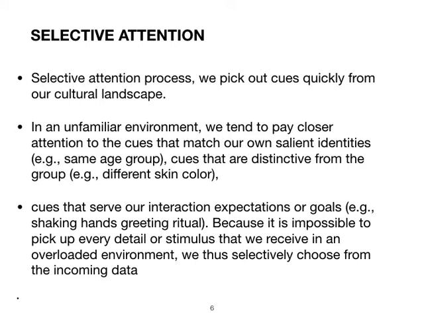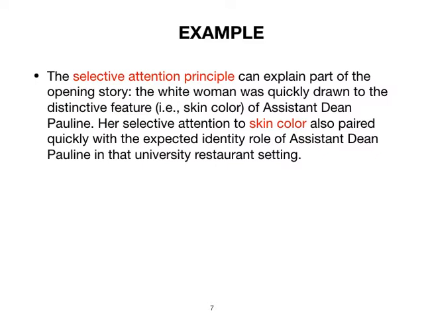But when someone is an outgroup, for example, if someone's skin color is different from yours, if you're black and you'll be looking for black, but if there are white people, you would look at it from a different perspective. So that also brings in a lot of privilege, but we'll explain all this in the example that we just shared in the beginning, the restaurant example. That selective attention principle can explain part of this opening story.